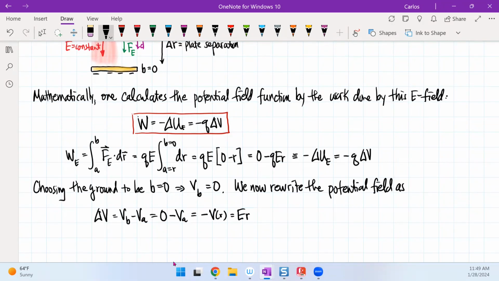Just writing it out because the charges are going to cancel out. So in other words, the potential field really looks like minus ER. Now, this is an important calculation.